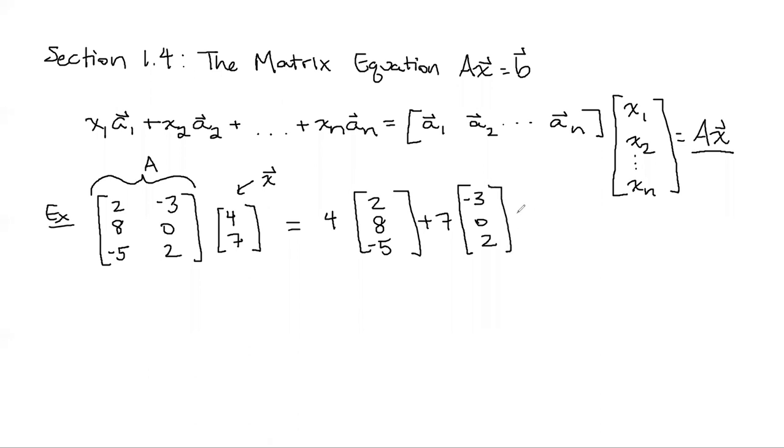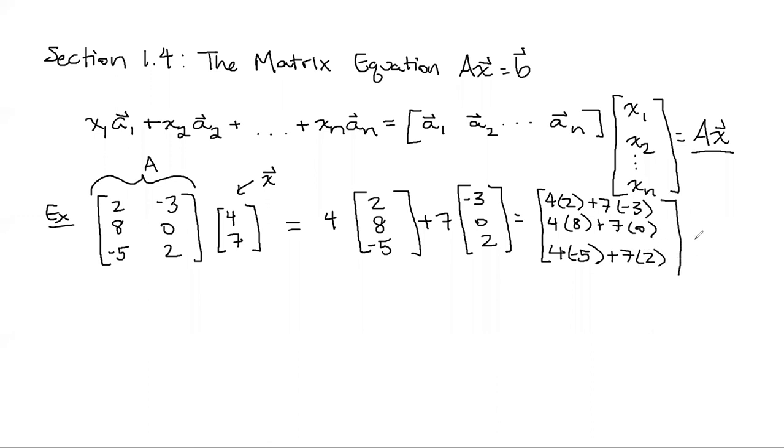And we can multiply this out component by component. So the top component will be 4 times 2 plus 7 times minus 3. The next component will be 4 times 8 plus 7 times 0, and the third component will just read across that third row: 4 times minus 5 plus 7 times 2.